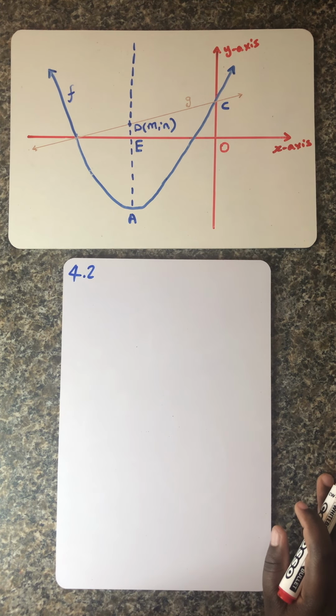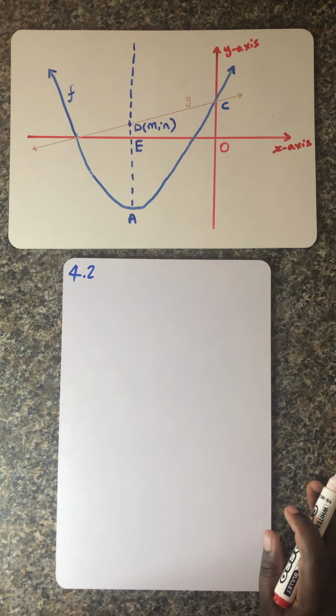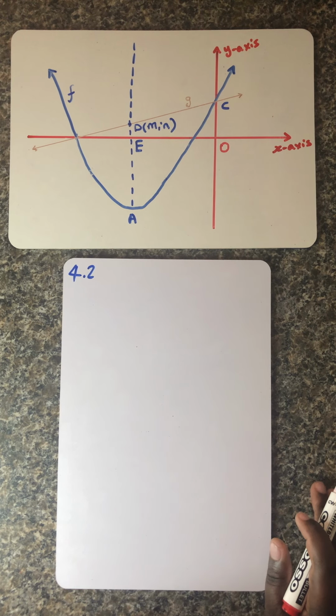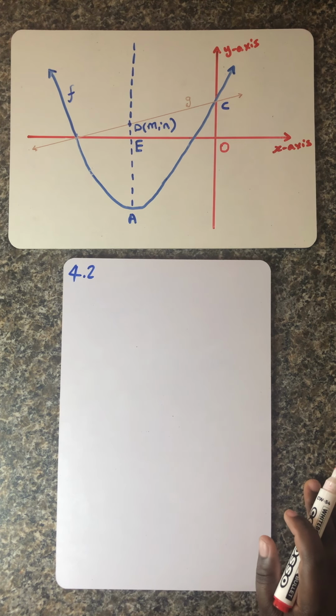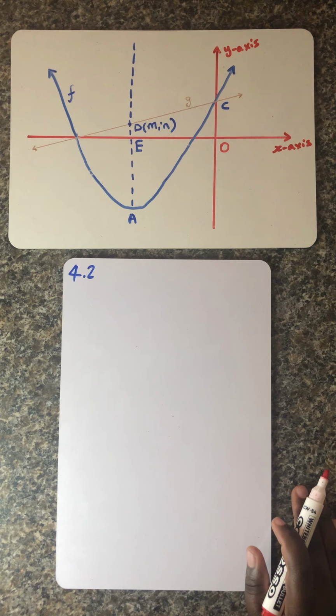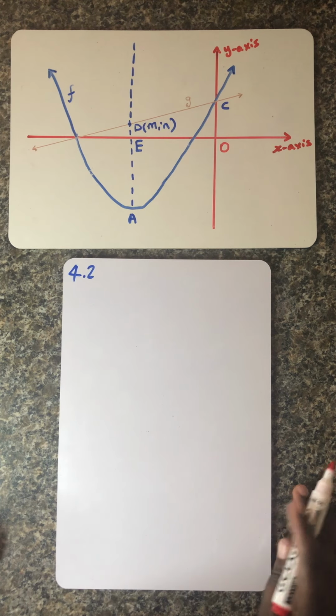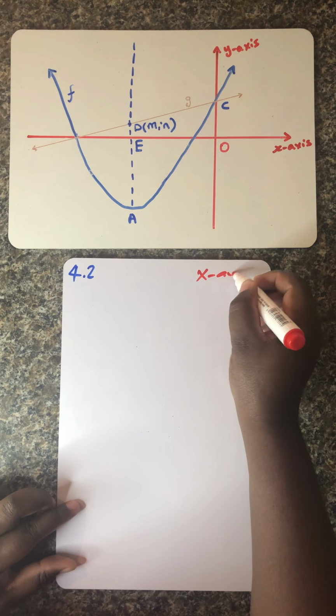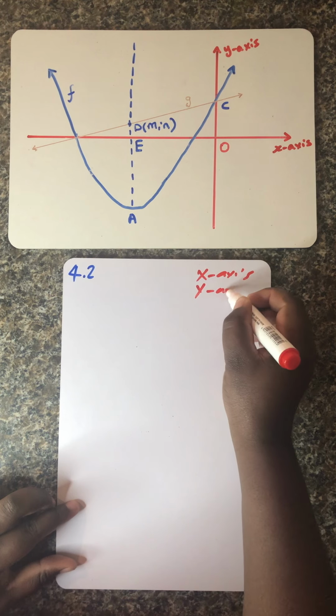So guys, I'll say this again, at all times you should be able to notice your axes, which is what we call a Cartesian plane. A Cartesian plane has the x-axis and the y-axis. I've said this in my previous lessons where I emphasized that graphs are drawn on a set of axes, which are two axes, the x-axis and the y-axis.